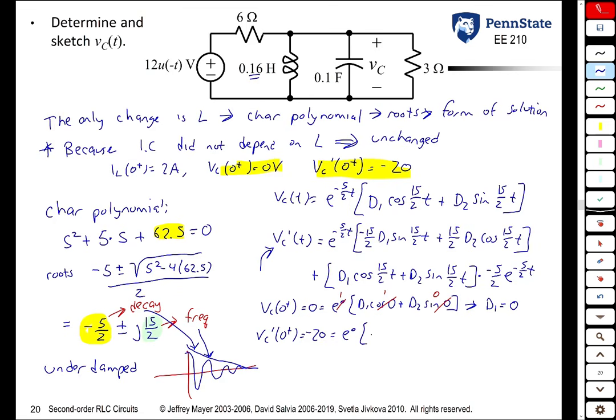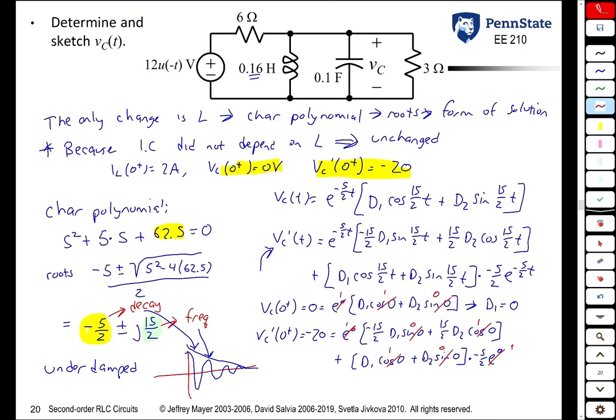We get e to the 0 times minus 15/2 d1 sine of 0 plus 15/2 d2 cosine of 0, plus d1 cosine of 0 plus d2 sine of 0 times minus 5/2 e to the 0. e to the 0 is 1, sine of 0 is 0, cosine of 0 is 1, and e to the 0 is 1.